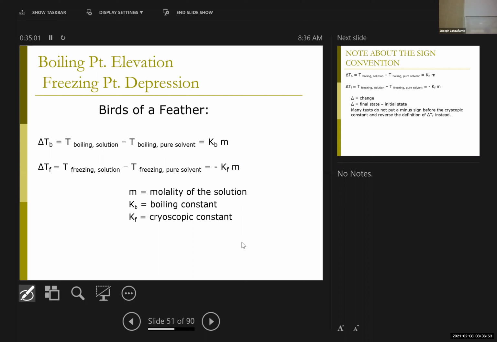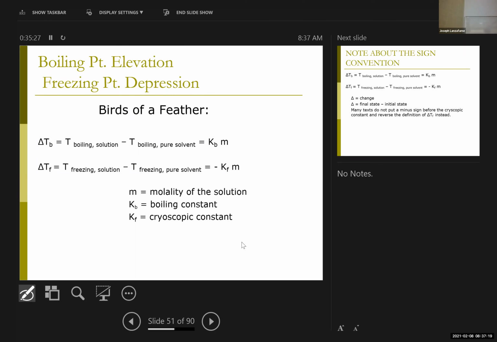And so they end up having the same functional form. And I mentioned last week, this is the only place we see molality. Turns out the change in the freezing point or boiling point is strictly a function of the molality. And that's what the m is for.